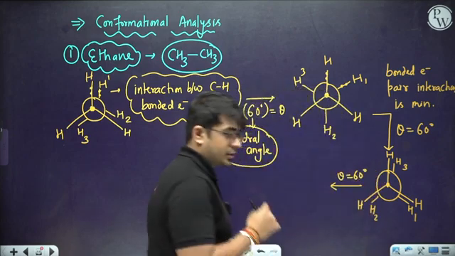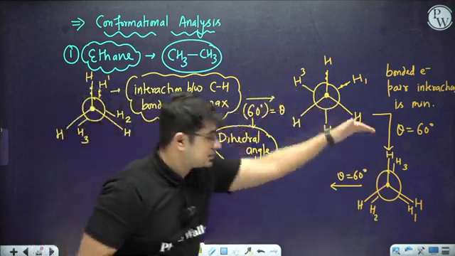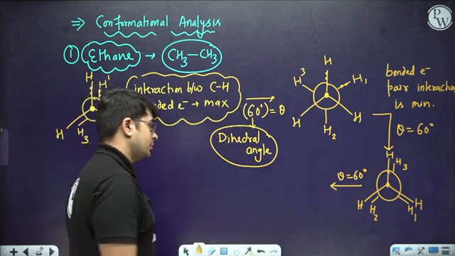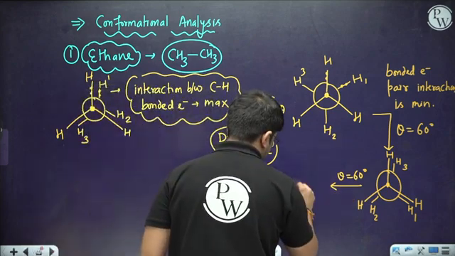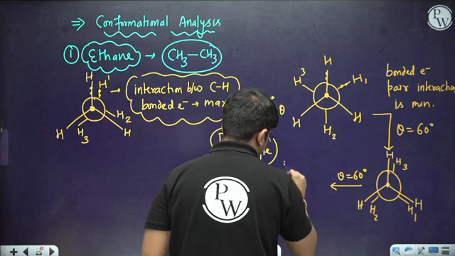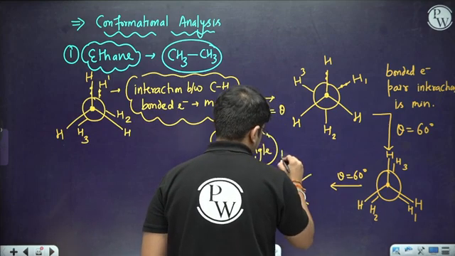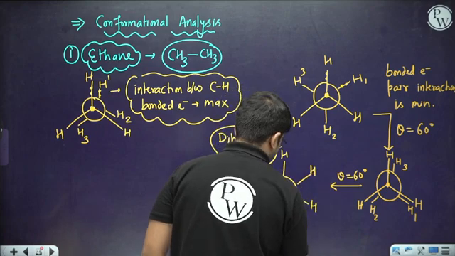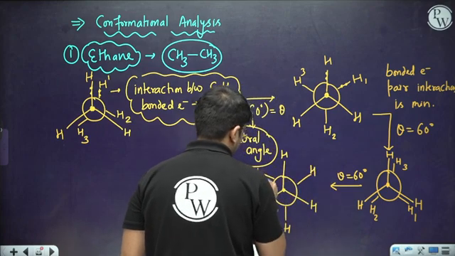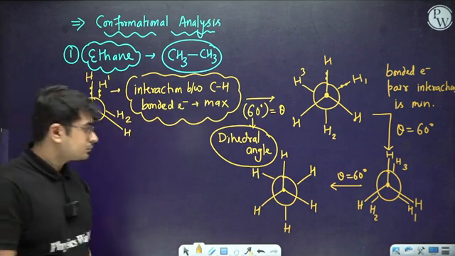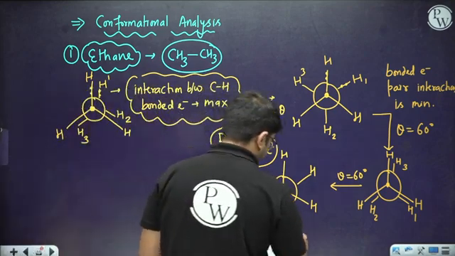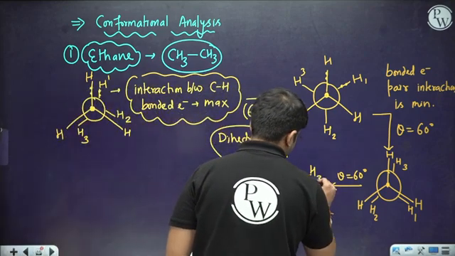So angle of rotation is 60, but total angle is 60, 60, 60, 180 degree rotation. So you can see this is supposed to be like this: H, H, H, H, H and H. Okay. Now if you see, we have H1 here, H2 here, H3 here.